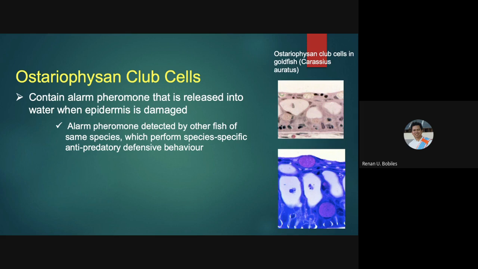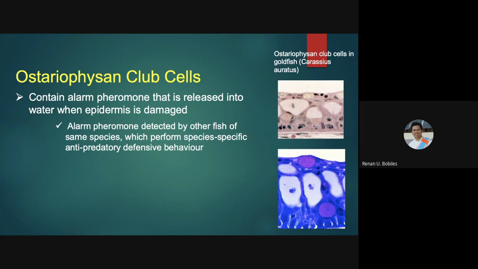Sa case ng viral infection, once a cell is infected by a virus, di ba? Naririnig nyo ngayon yung coronavirus. The mode of infection ng virus is not similar to bacteria. Ang bacteria, i-invade niya yung cell. Papasok siya. Yung bacteria mismo ang papasok sa loob.